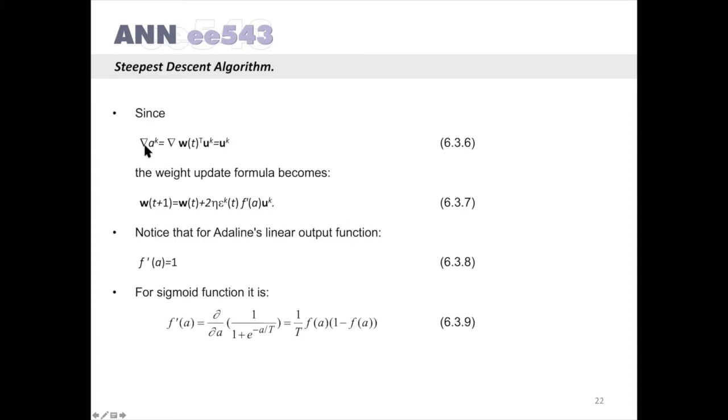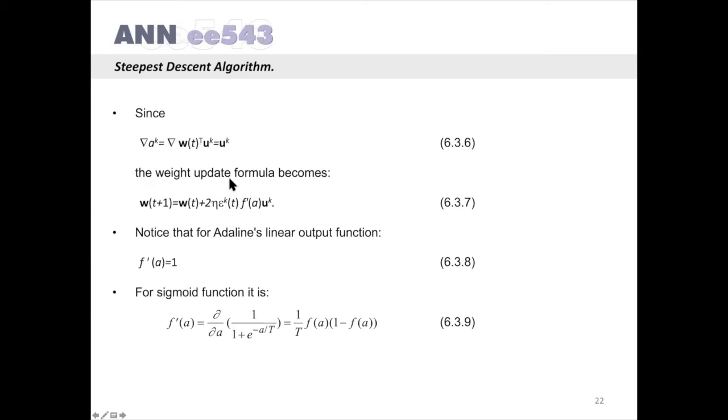Since the gradient of activation when input uk is applied is equal to, instead of activation, we write w transpose uk, and the gradient with respect to w is equal to uk.